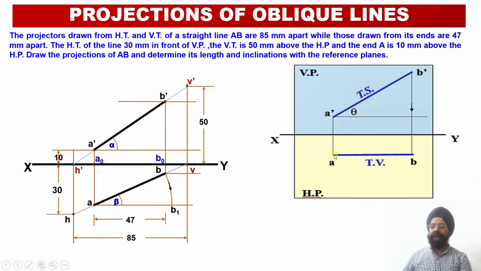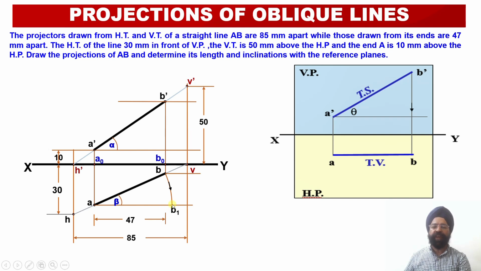Once it is parallel to the vertical plane, from here I am going to draw a vertical projector line upwards till it meets the horizontal locus line corresponding to the point B dash.